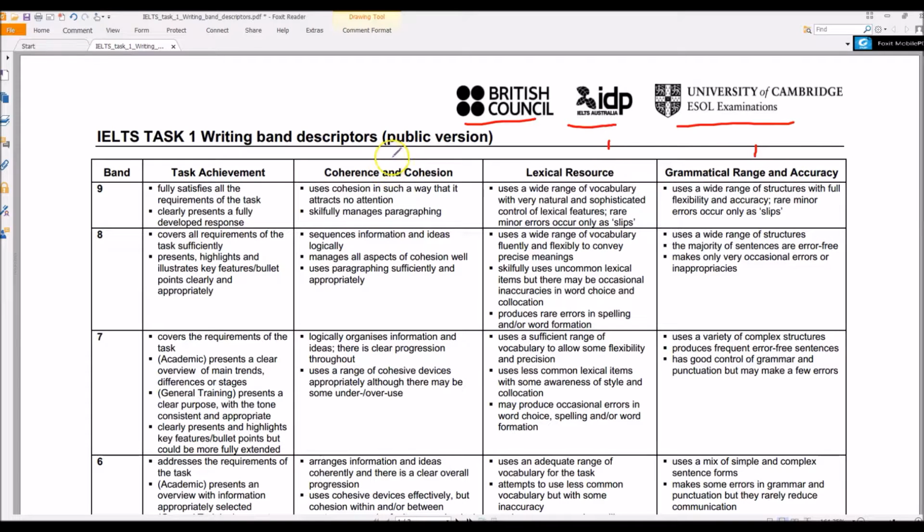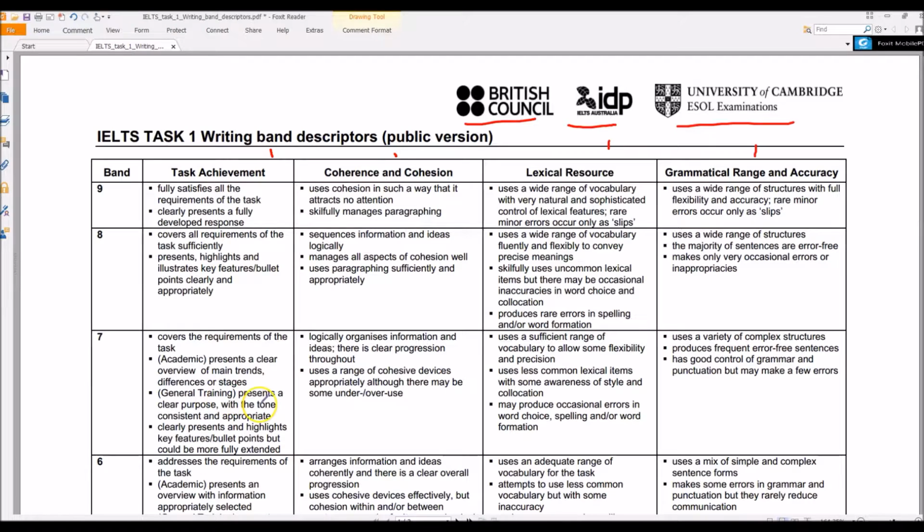Grammar, cohesion, coherence, task achievement. So it's exactly the same. They count the number of sentences without a mistake. Same for this. Cohesion, coherence, they want that logical progression, organization, you know, logic, a sequence, etc.